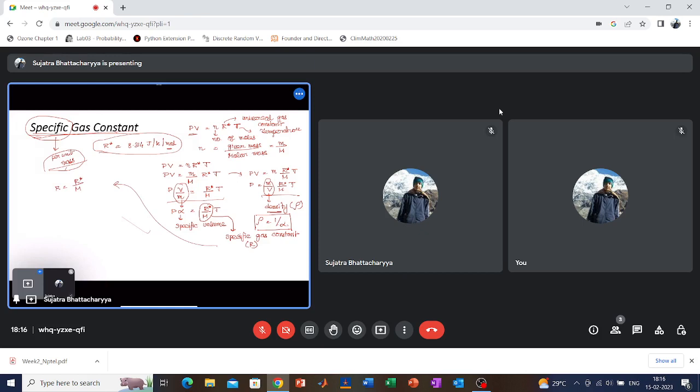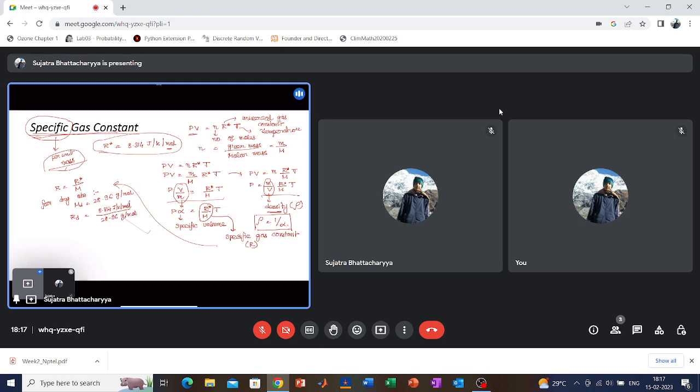Now for dry air in the atmosphere, if we focus on the atmosphere, this dry air, MD is how much? 28.96 grams per mole. So RD, the specific gas constant for dry air, is nothing but 8.314 joules per Kelvin per mole, which I have already written, divided by 28.96 grams per mole, isn't it?